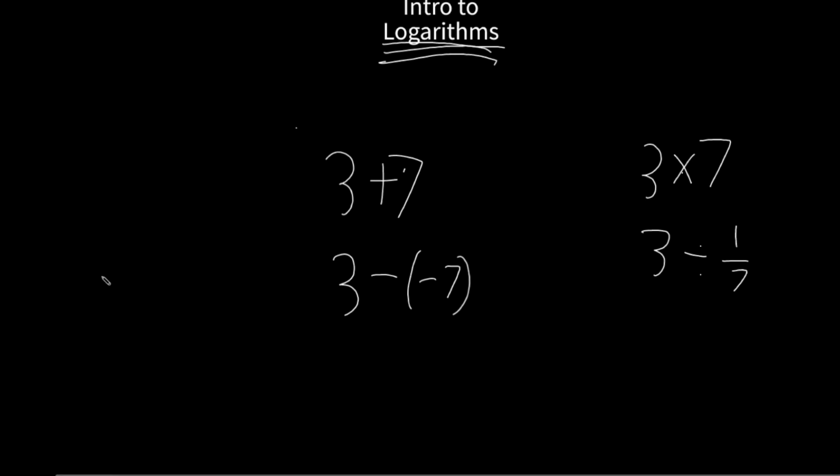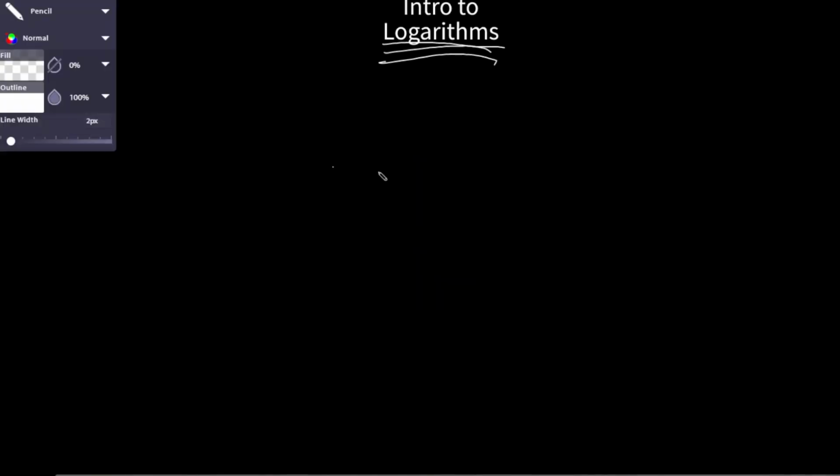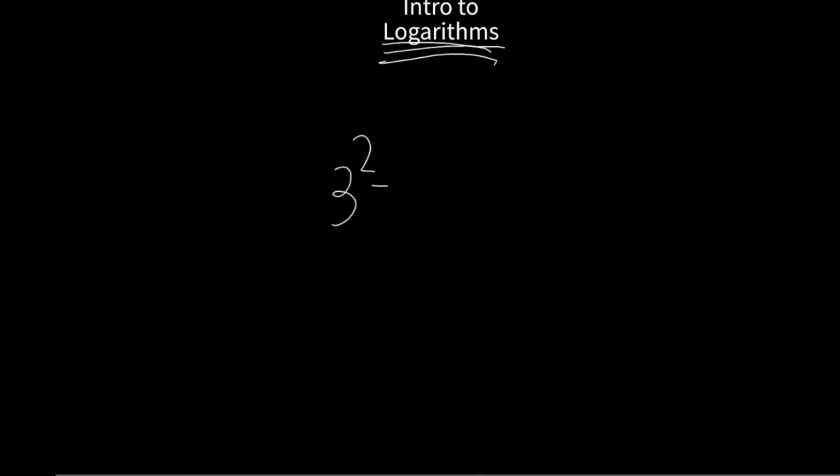And similarly, we can turn logarithms, I'm just going to write base x now, into exponentials. And how do we do this? I'm going to start with an exponential function at first. 3 squared equals 9.